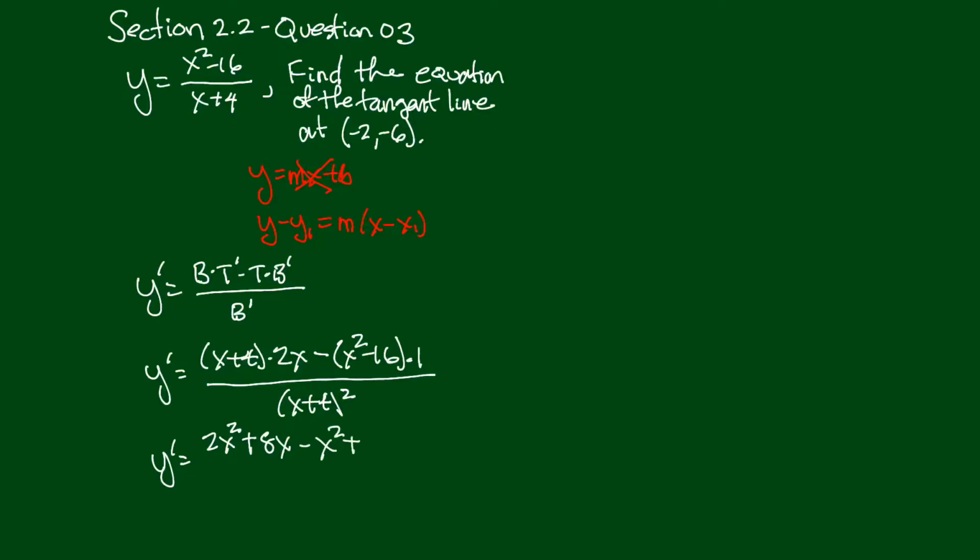Negative x squared plus 16 all over the x plus 4 squared. Now, 2x squared minus x squared is an x squared, and then we'll have 8x and the 16. So y prime is x squared plus 8x plus 16 all over that bottom, x plus 4 squared.